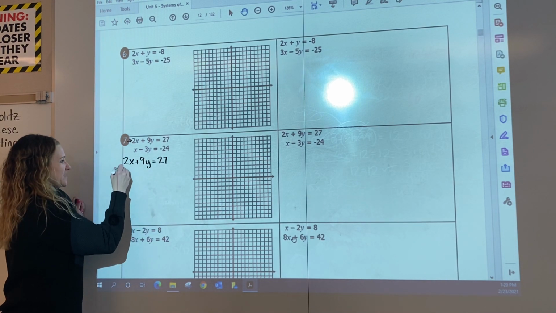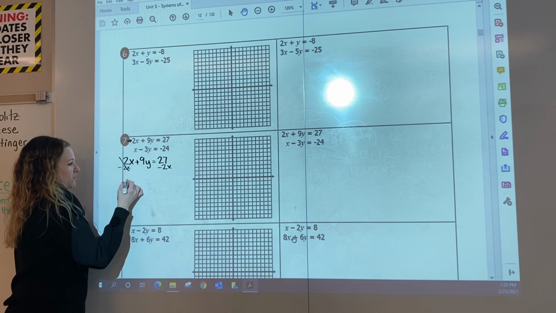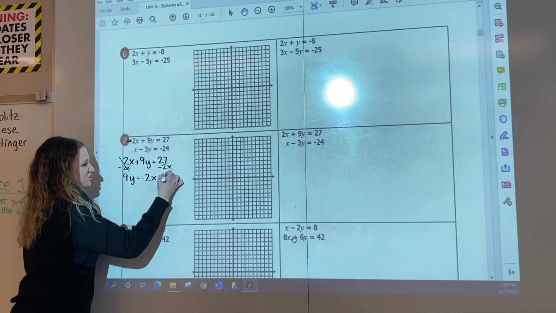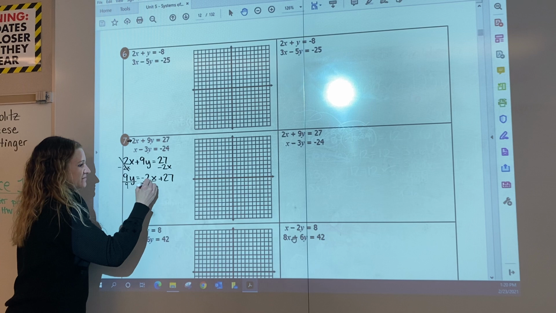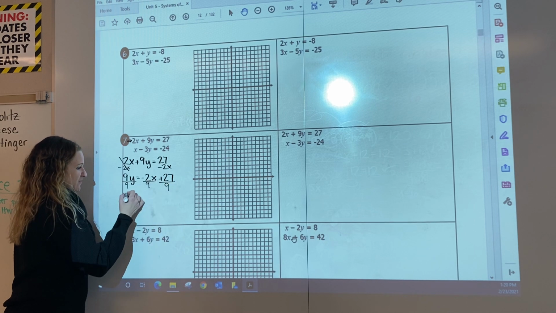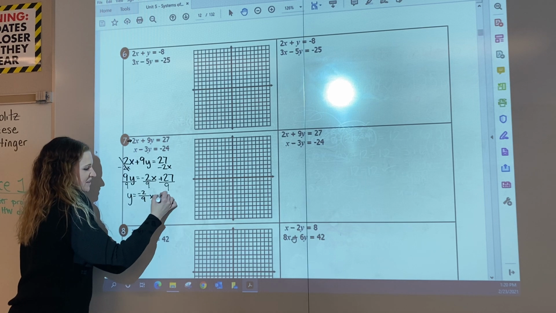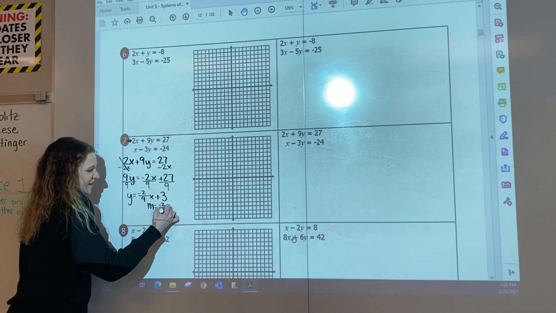In order to solve for y, I'm going to subtract my 2x on both sides, leaving me with 9y equals negative 2x plus 27. Last, I need to divide by 9, leaving me with y equals negative 2/9 x plus 3. The slope of this line would be negative 2/9.